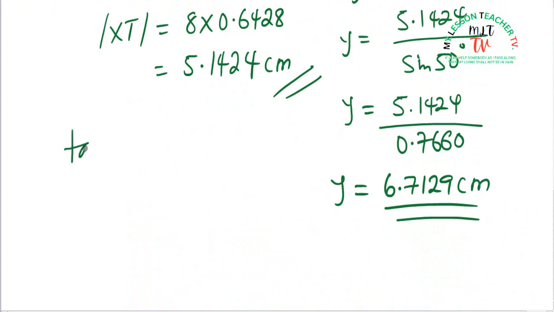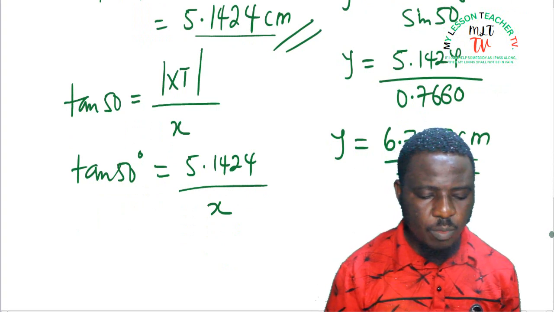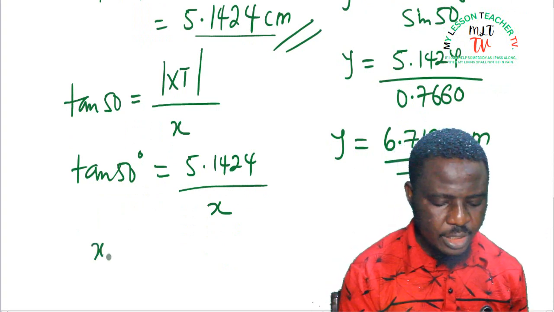So I'll have it that tan 50 degrees is equal to the ratio of XT to side X. Now when you substitute, you have it that tan 50 is equal to XT, which is already given as 5.1424, divided by X.